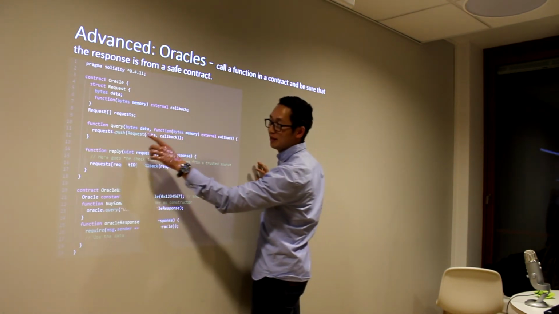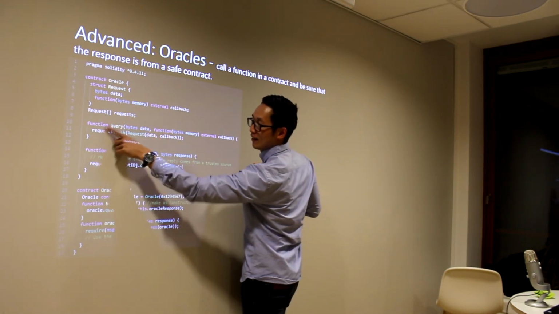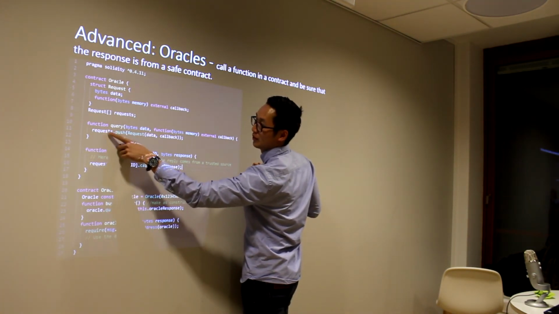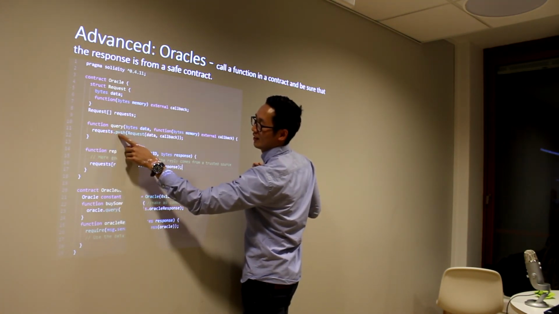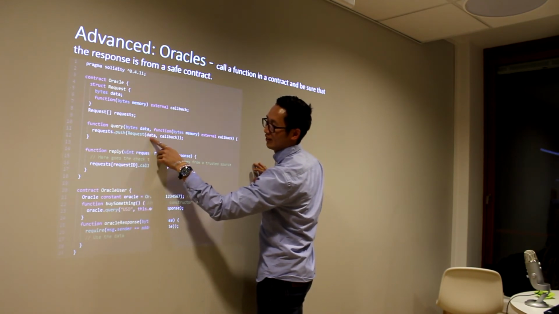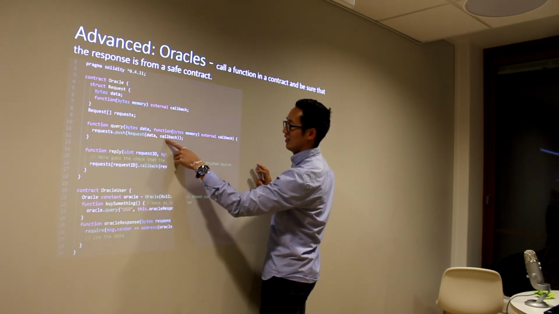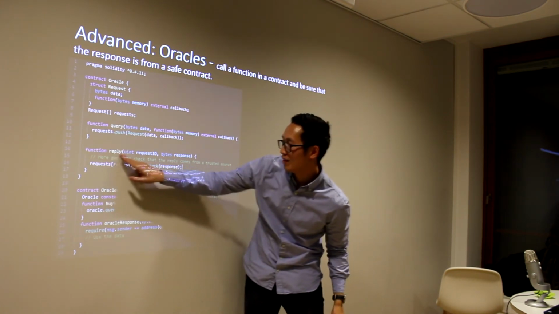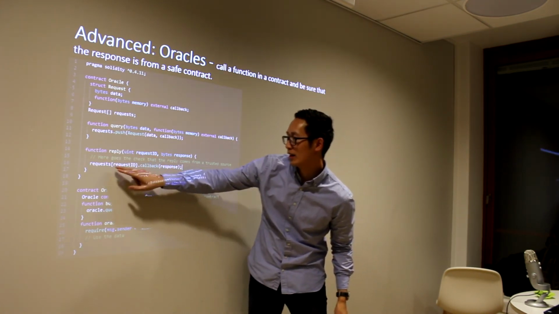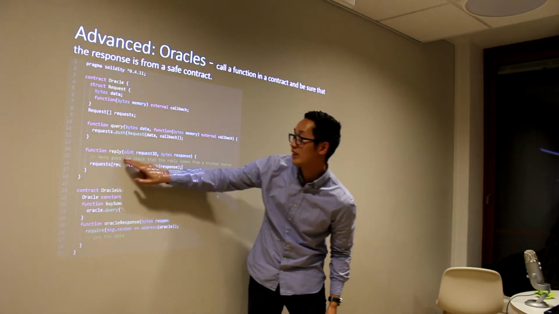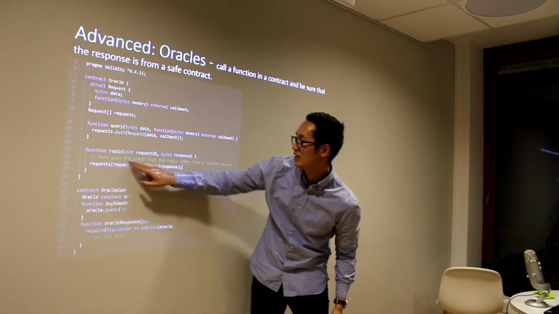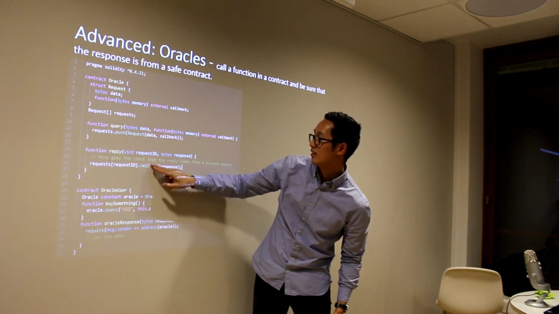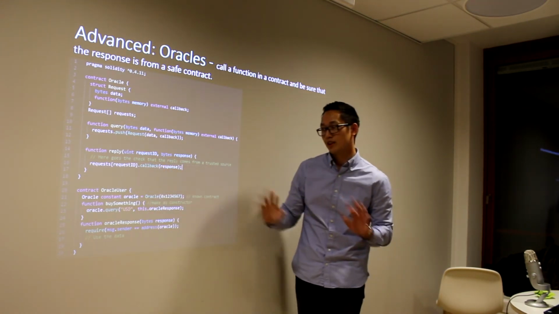And then you have a function here that will push requests to this array with some data and a function. And then we have a reply function which will fetch from the array and call functions. So it's pretty advanced.